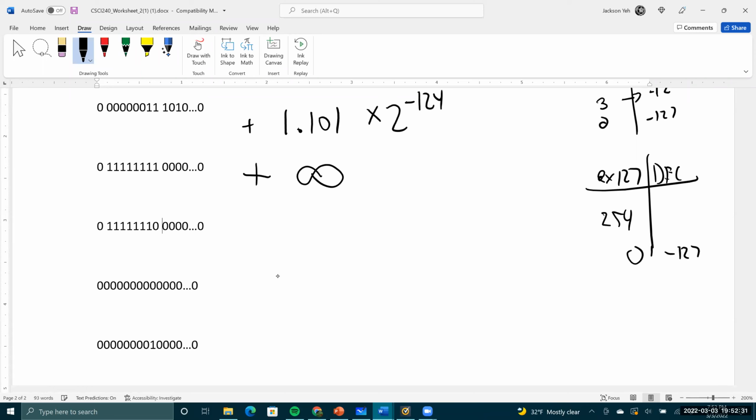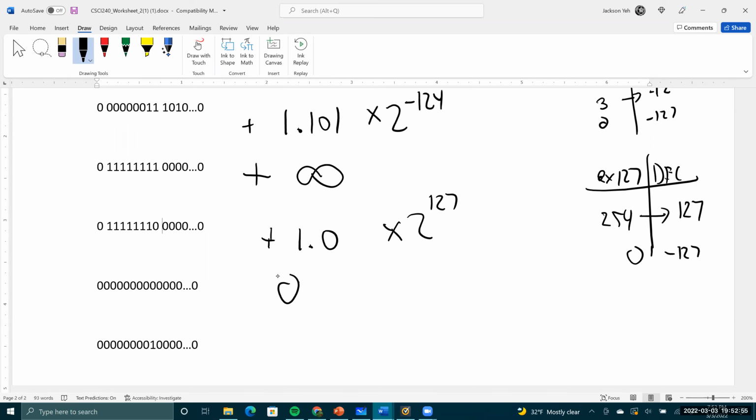So 254 going this direction, you'll end up with 127. All right, so this is times 2 to the 127. And then the fraction has a hidden 1. So it's 1.0 times 2 to the 127. The next one's easy, it's just 0.